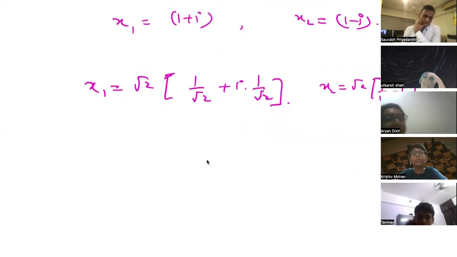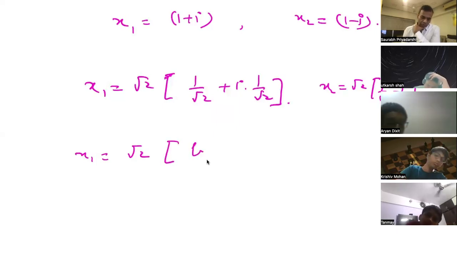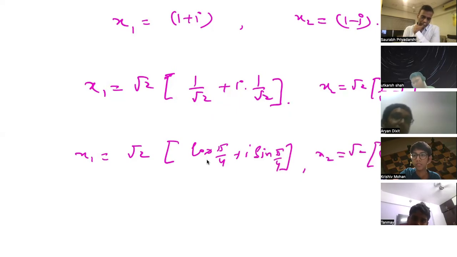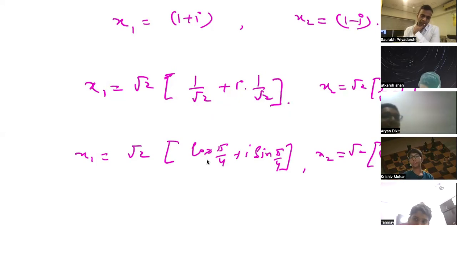So x1 I can write as root 2 cos pi by 4 plus i sin pi by 4, and x2 as root 2 cos pi by 4 minus i sin pi by 4. This is x1 and x2.